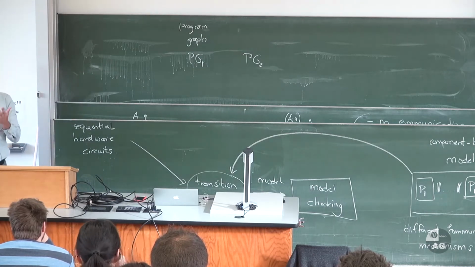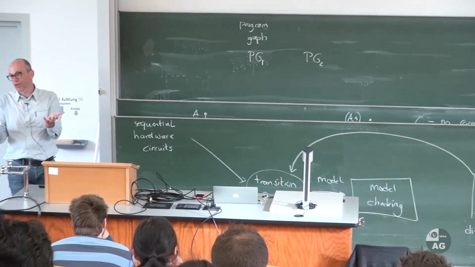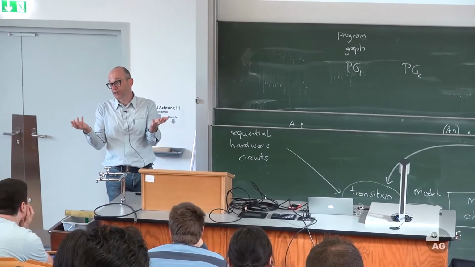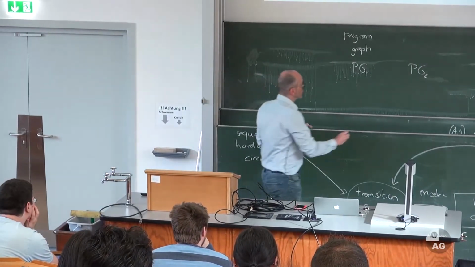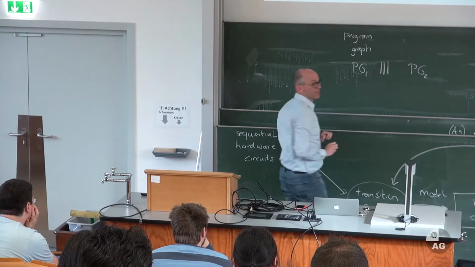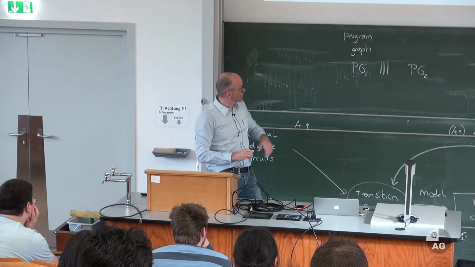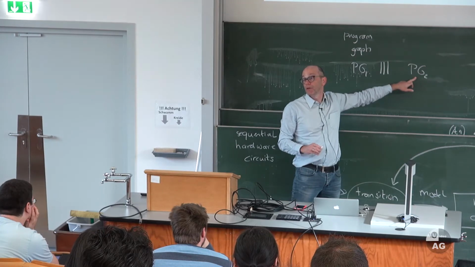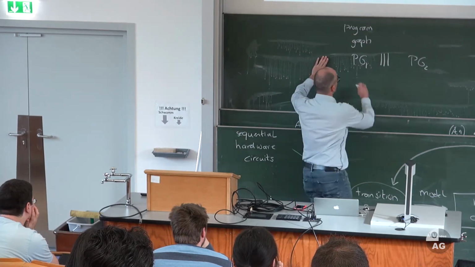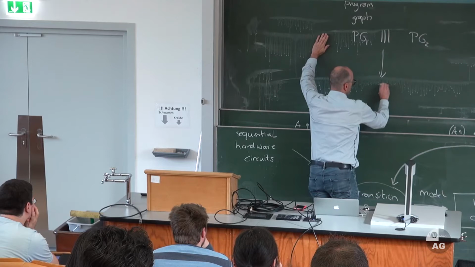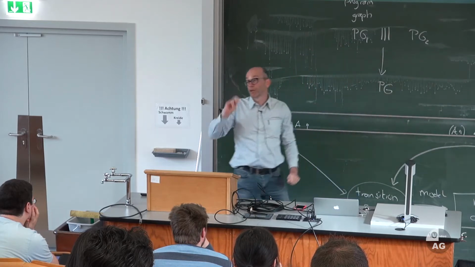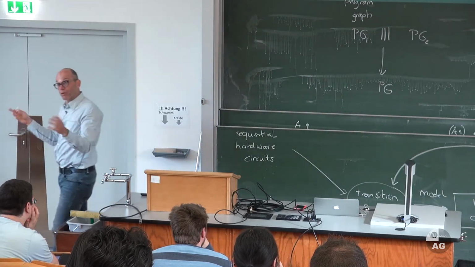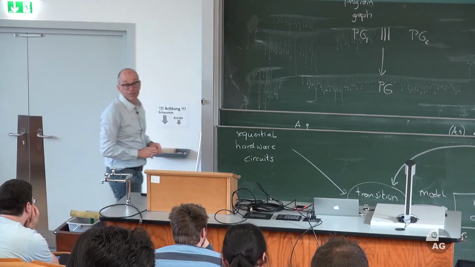I would like to give an adequate representation of the multi-threaded composition of these two program graphs. So I'm going to define an operation on the level of program graphs. This will give you one program graph, namely one modeling all possible behaviors of the two program graphs.